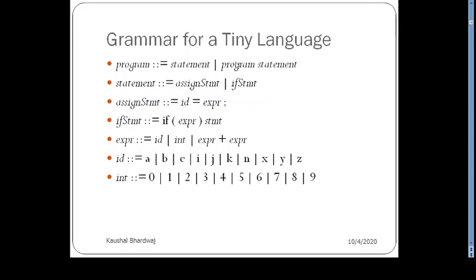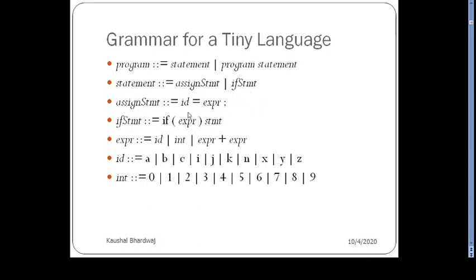This program can in turn have multiple statements, right? So program may have multiple statements, or in the last it will have one single statement, right? Then a statement can be an assignment statement or an if statement.